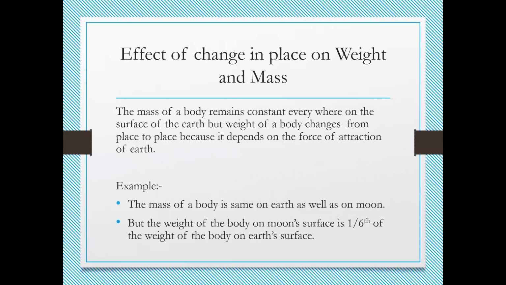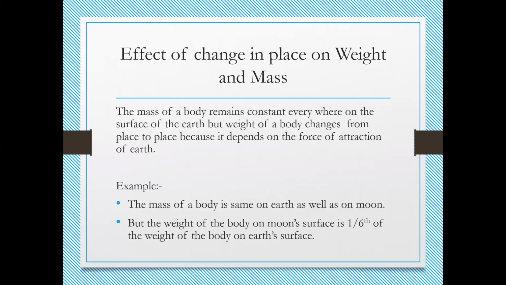Now we will see what will be the effect of change in place on weight and mass. The mass of a body remains constant everywhere on the surface of the earth, but the weight of a body changes from place to place because it depends on the force of attraction of earth. We have already learned about mass and weight.